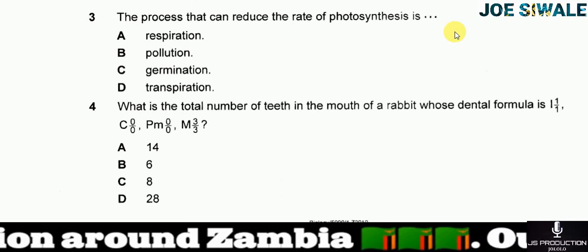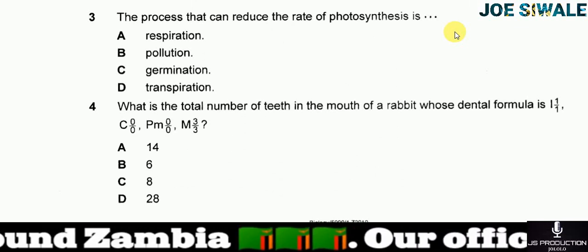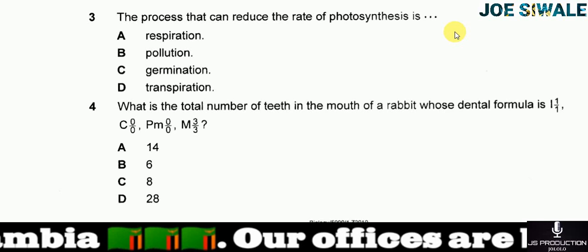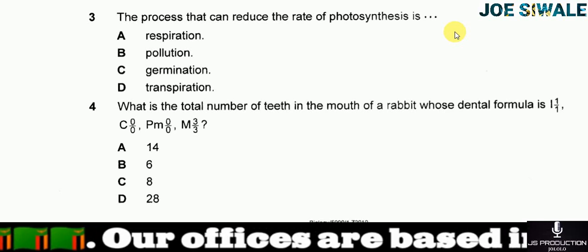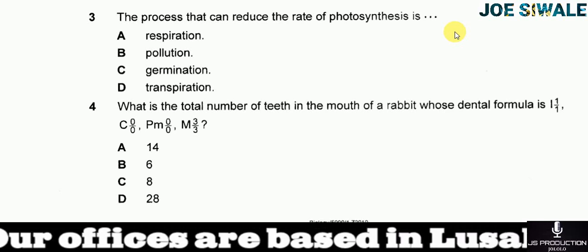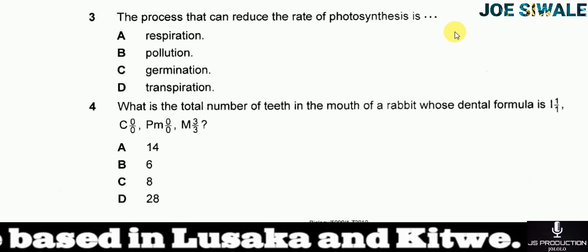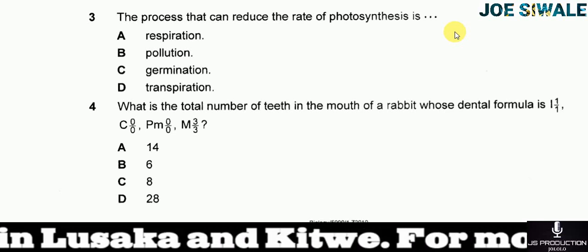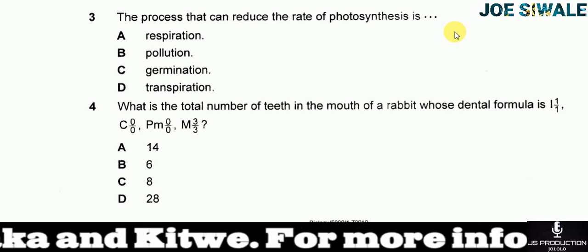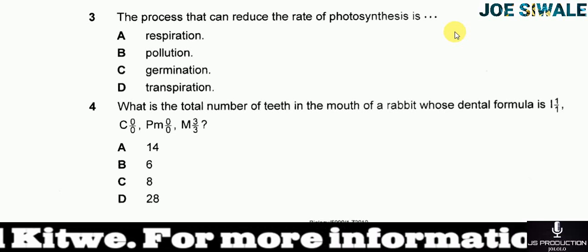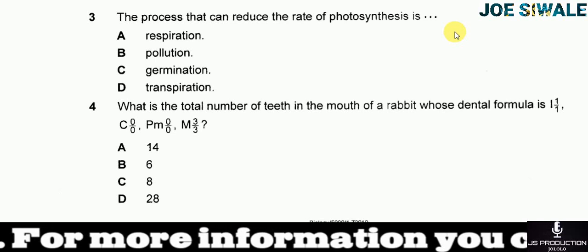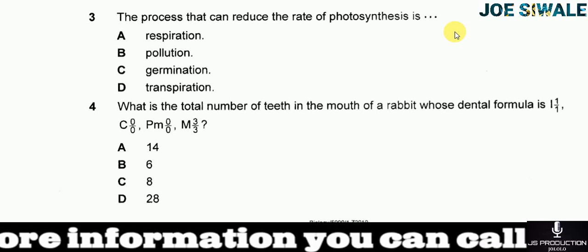Question 3 reads, the process that can reduce the rate of photosynthesis is A, respiration. So respiration is the process by which organisms produce energy, where glucose is broken down in the presence or absence of oxygen.